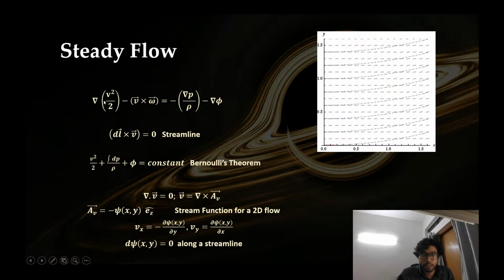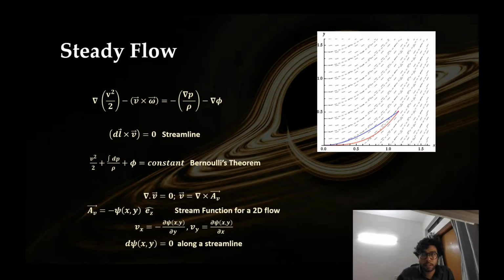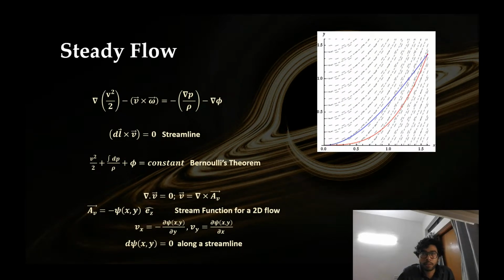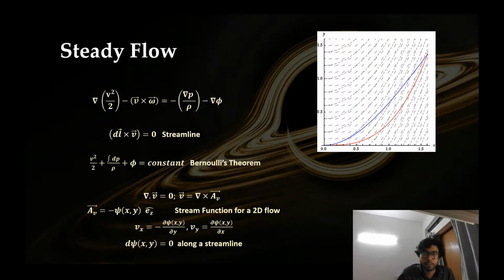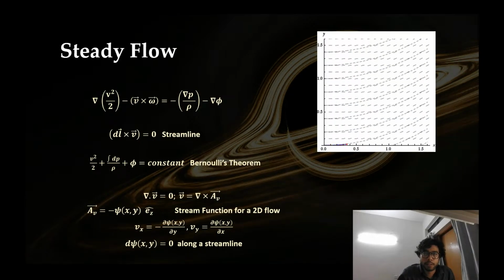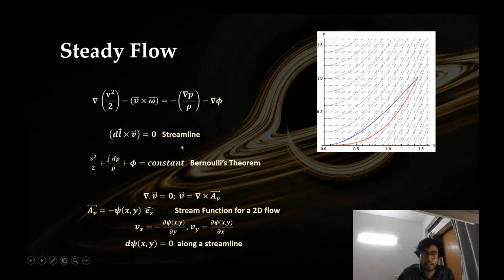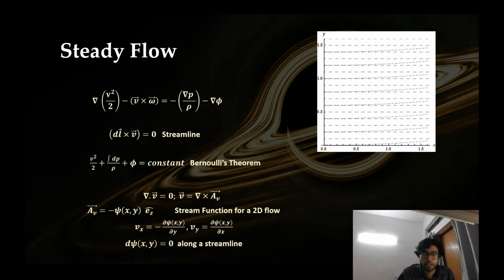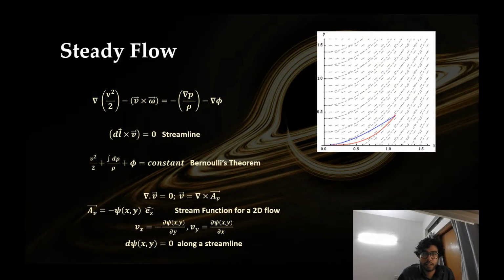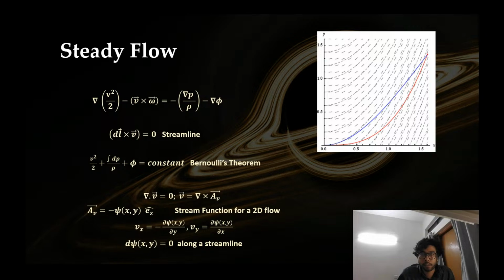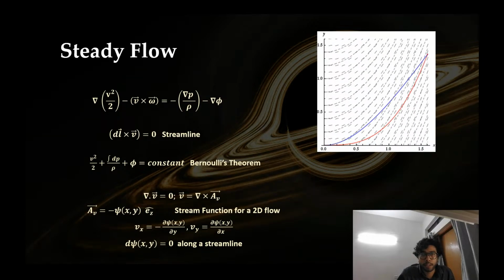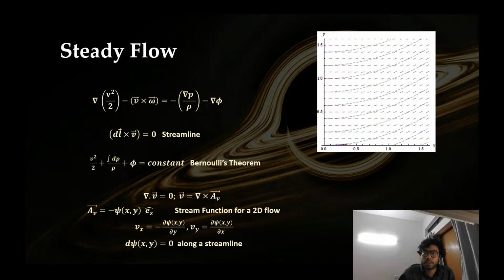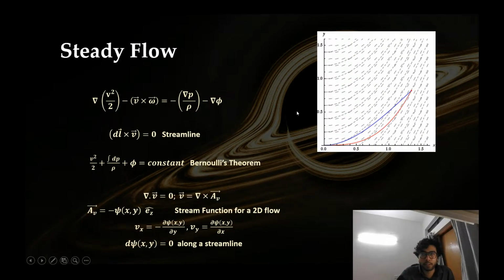Now we will study three terminologies that are necessary for this. One is streamline, another is streakline, another is pathline. So what do these three actually mean? I'll first explain physically, and then we'll go into the equations.